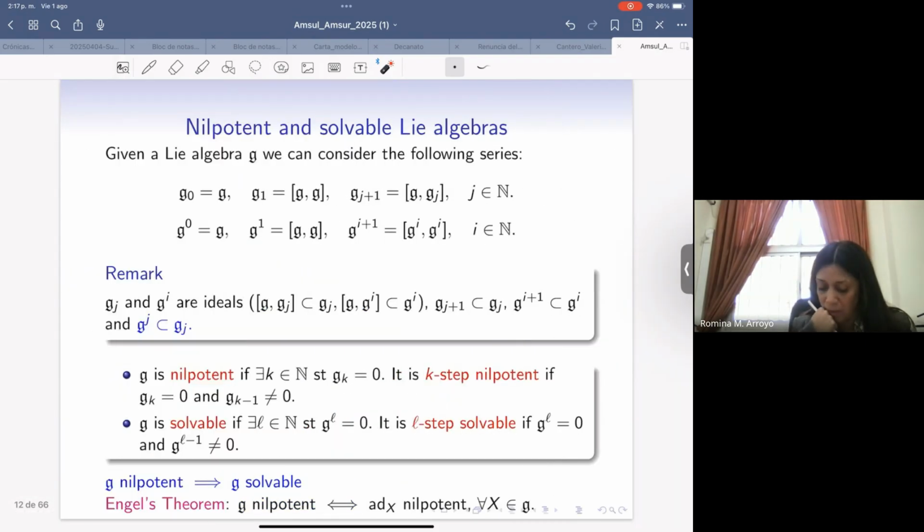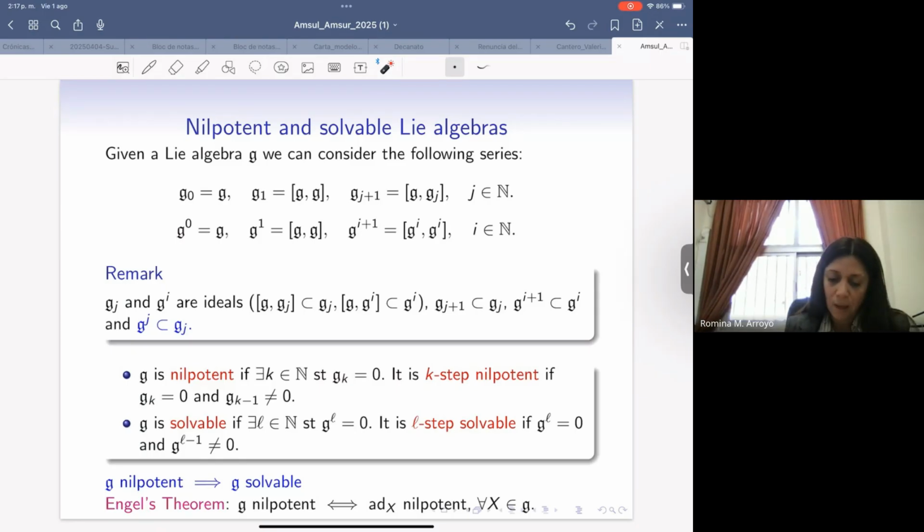And one important theorem says that a Lie algebra is nilpotent if and only if all the adjoint maps are nilpotent. So these are endomorphisms, and they are nilpotent. Okay, if you are lost here, no worries, because we will be working with some Lie algebras, and all these definitions may be too much, but I wanted to introduce them.